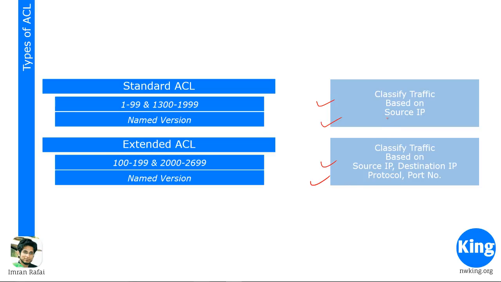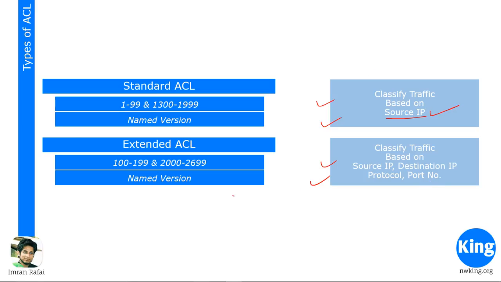With a standard ACL, you can't stop traffic depending on the destination. You can't tell it to block all the traffic going to a certain destination. You can only match if it's coming from a certain source. So standard ACL is always based on source IP address.